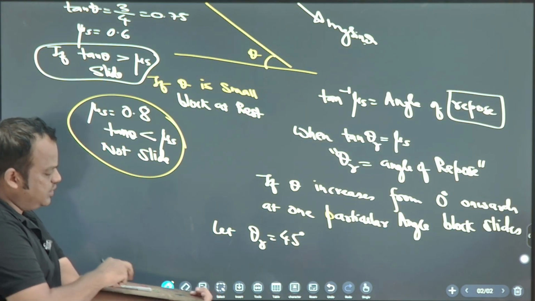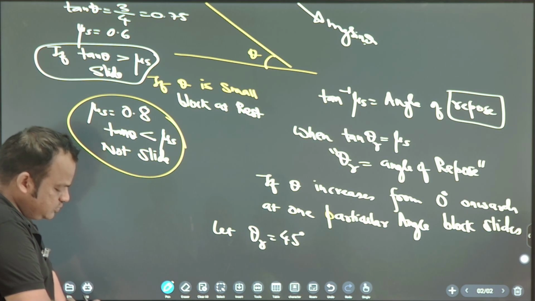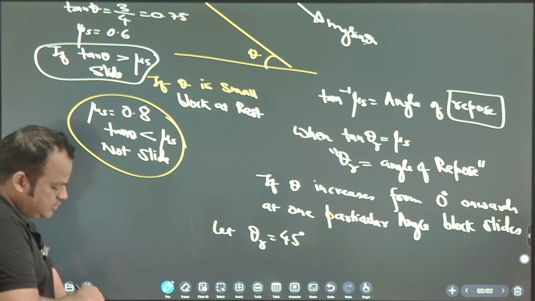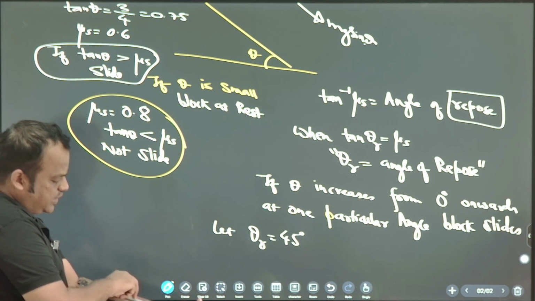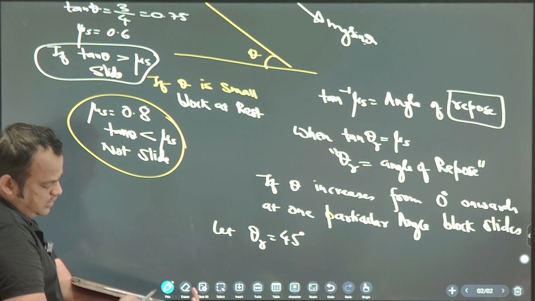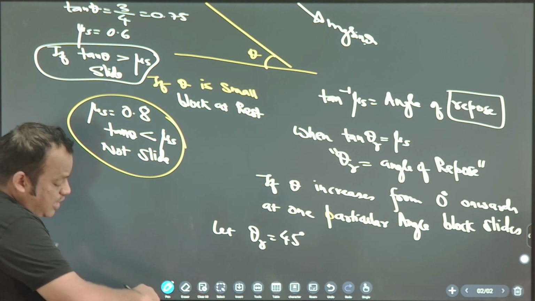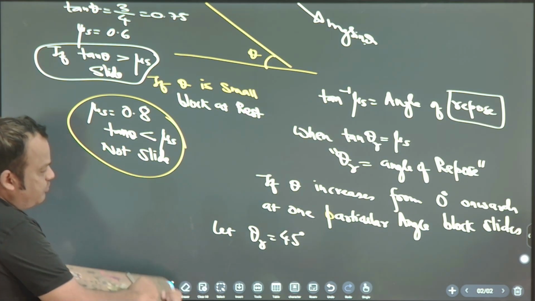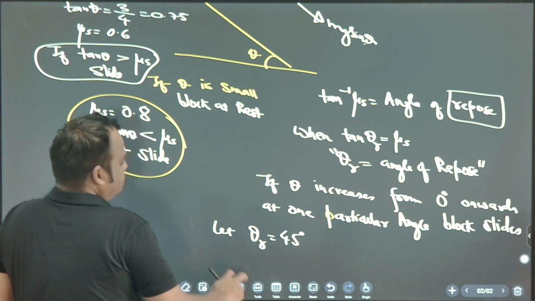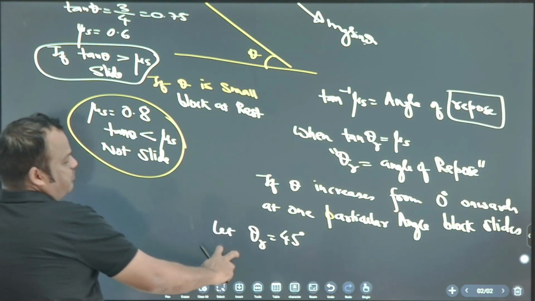It will not slide. If it is more than 45, it is sliding, correct? At 45, it will not slide. After 45, it is sliding. So that is the angle of repose.